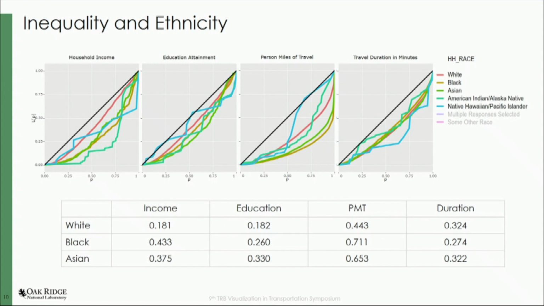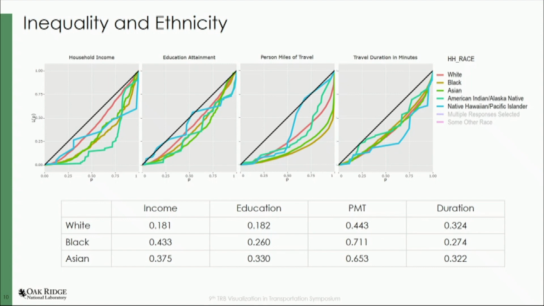Judging from the curves, you can see the white population's curve is closer to the ideal equality line, versus black, which is further down. That means there's higher inequality in the black population than the white population. That doesn't mean white people are making more money or black people are making more money.